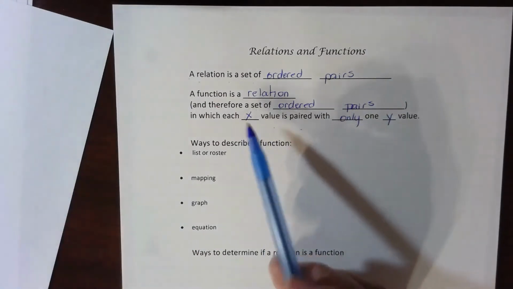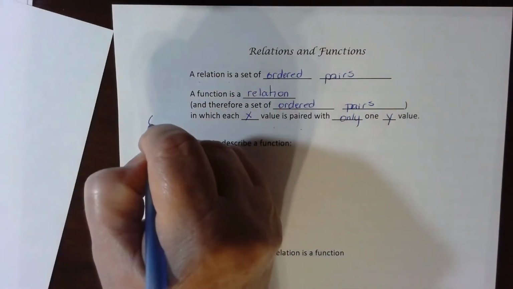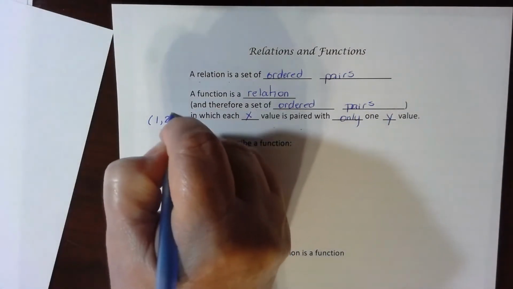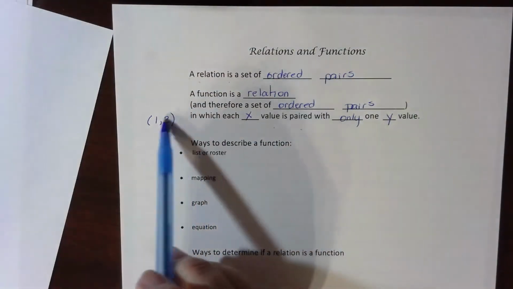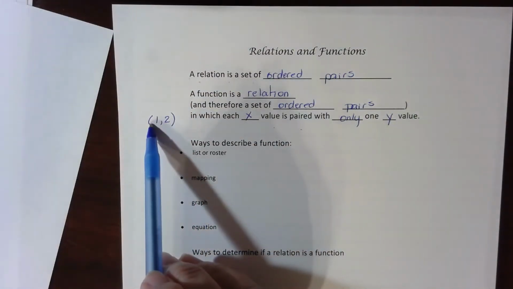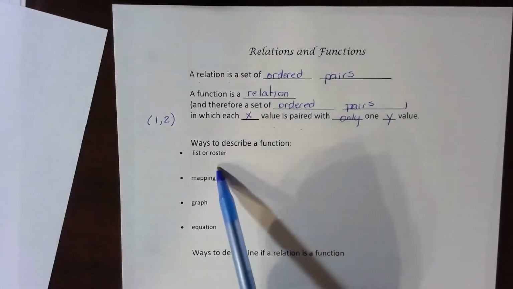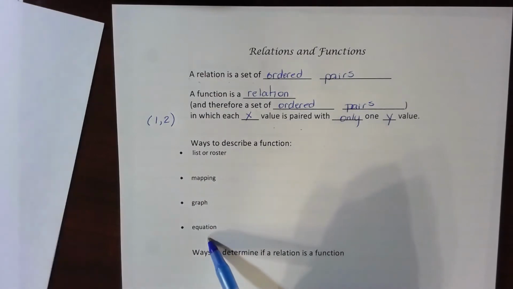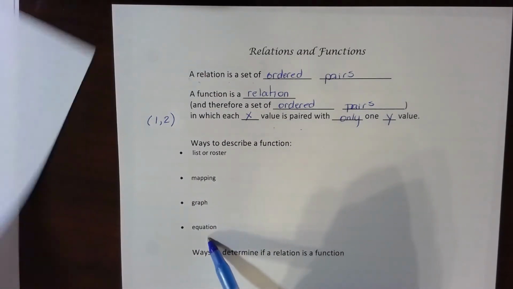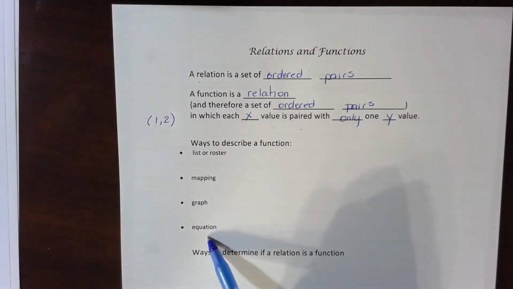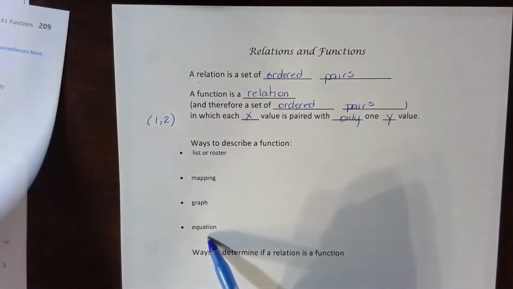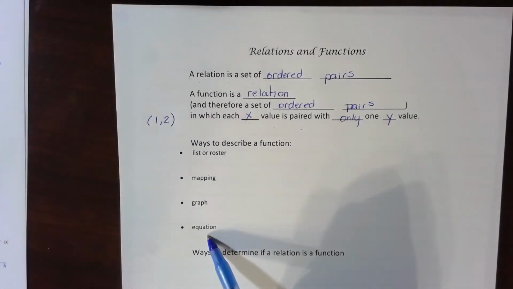So the normal way that we look at ordered pairs is like this. So every x is paired with one and only one y. Now, there are several different ways of describing a function, and so we're going to look at those.